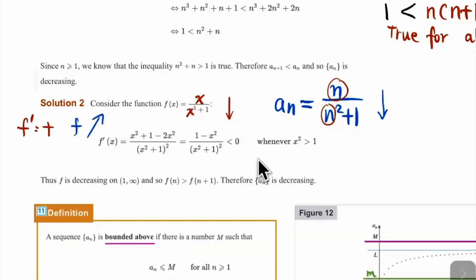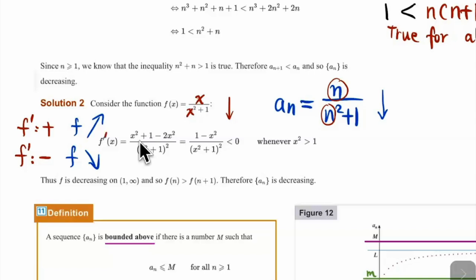If the derivative is negative, then the function is decreasing, right? Okay. So if we can show that the derivative is negative, then the function is decreasing, then the related sequence here will be decreasing. So over here, we actually use the derivative.